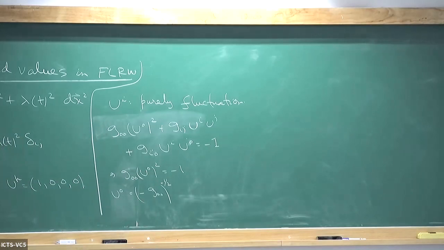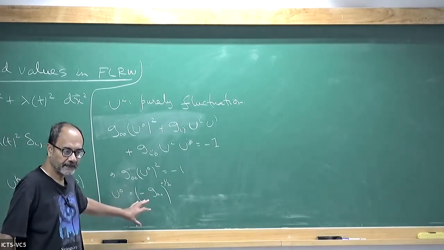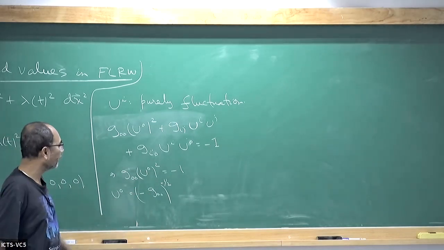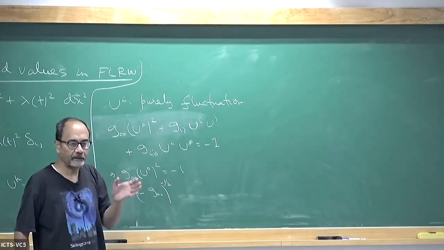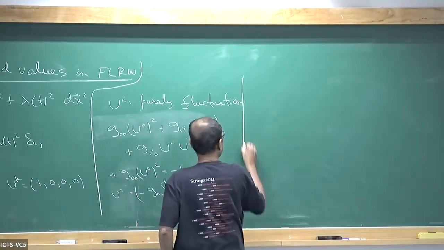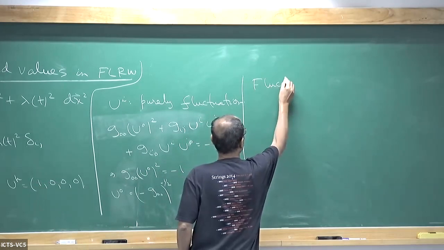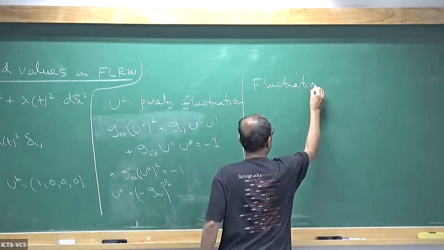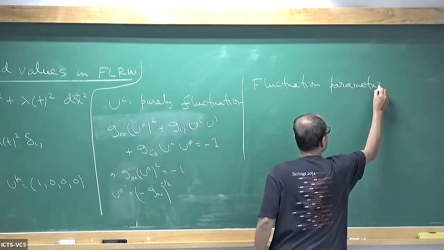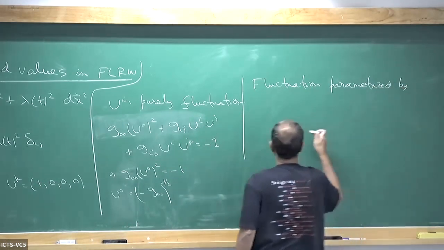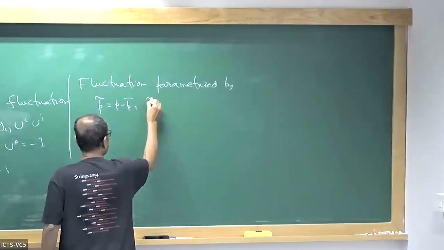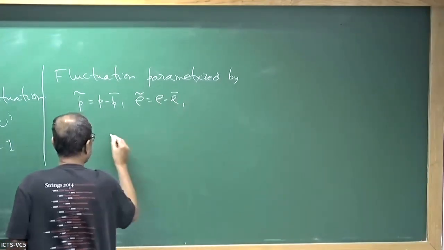U0 doesn't capture any new fluctuation. U0 is already determined in terms of the fluctuations that I already introduced. So new fluctuations come from the Ui's, and then fluctuations in P and rho. So fluctuations are now parameterized by P tilde, which is P minus P bar, rho tilde, which is rho minus rho bar, and Ui.